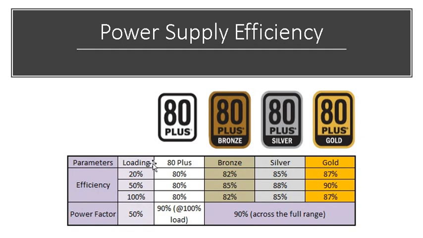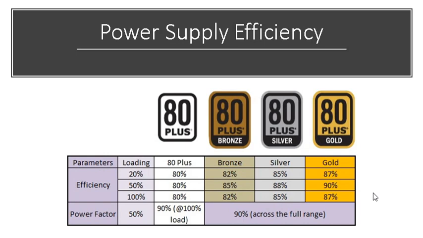And there is another very important reason. As you can see here, we're talking about power supply efficiency. If you're using a power supply which has exactly the same rating as what your computer needs, that means you're always running at 100% load. When you're running at 100% load, your efficiency, as you can see, is a little bit lower: 82%, 85%, 87%.